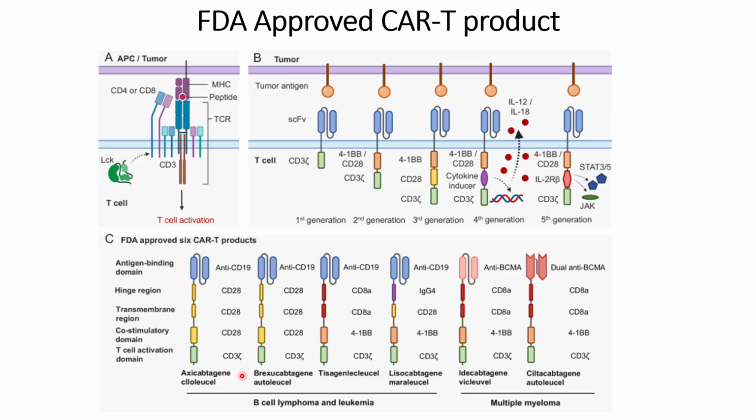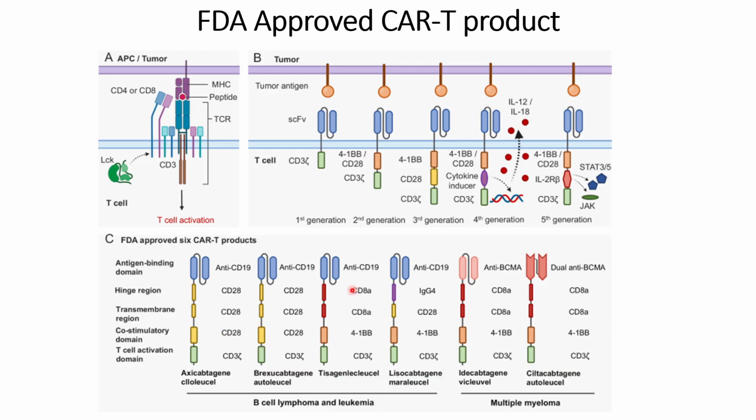And for another drug, brexucabtagene autoleucel, it has all three as CD28. It is similar to the previous case, but I think it belongs to a different company. I'm not sure about the history of this, but from the figure it looks like both of them are the same.